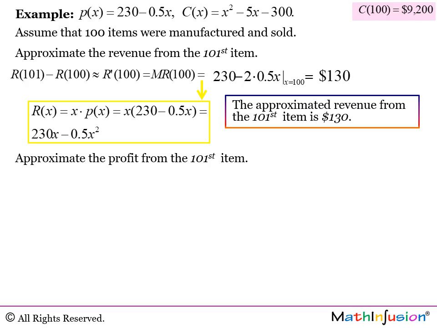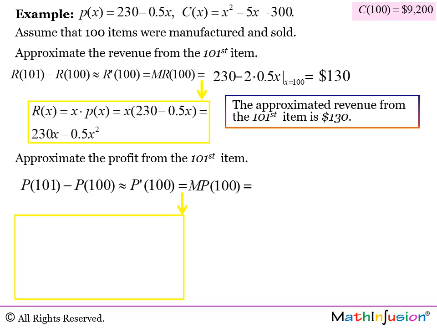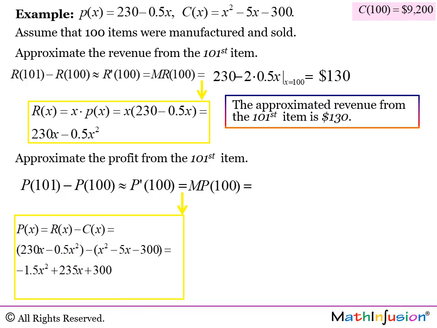Let's now approximate the profit from this one. And I would like to recall that you shouldn't even produce this one because this is above the optimal production level. The marginal profit at 100 is the derivative of the profit, and we will substitute x equals 100. The profit is R(x) minus C(x).